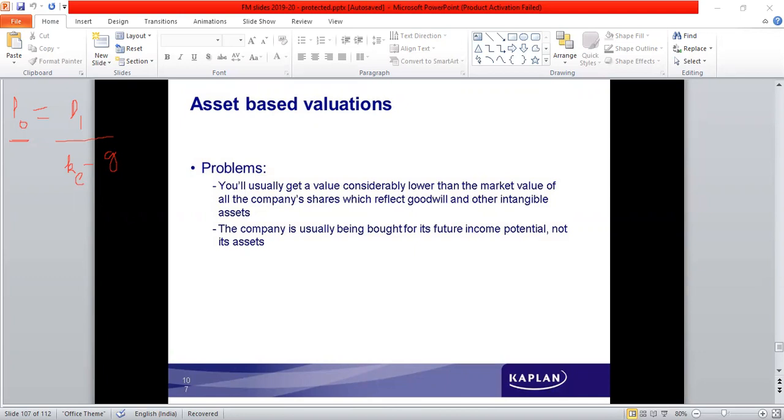Now here the issue with the asset based model is, theoretically the assets are recorded at their book value, but there are many assumptions or reasons why they adopt a particular depreciation method, or the way they charge the amount of depreciation and bring down the written down value. There are different reasons behind that.